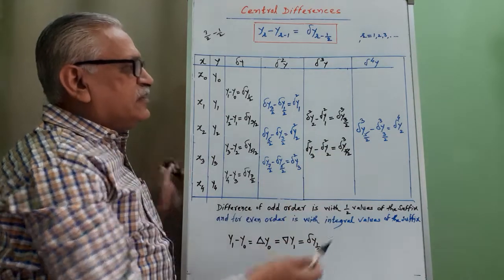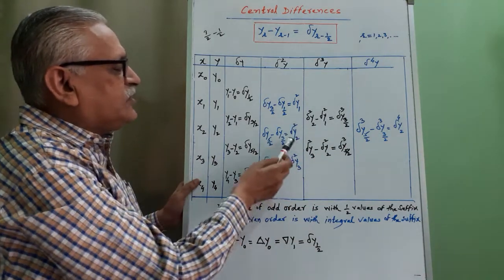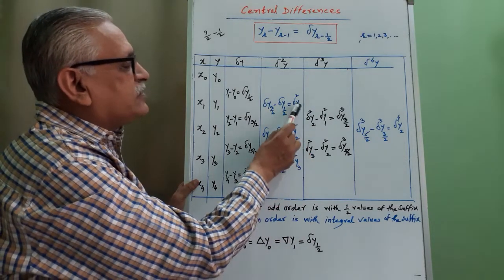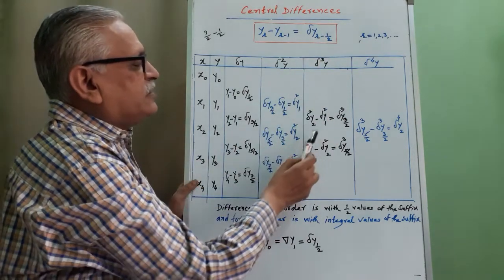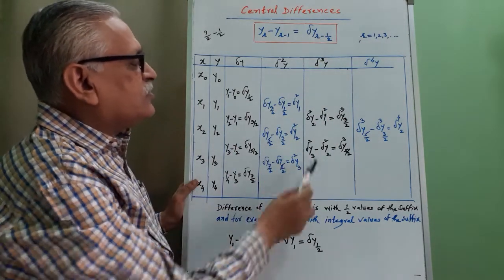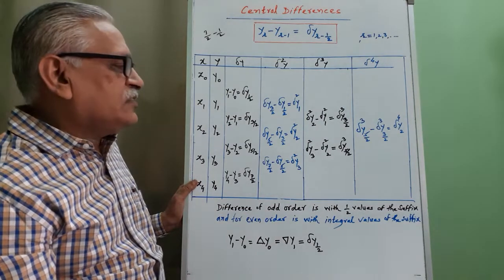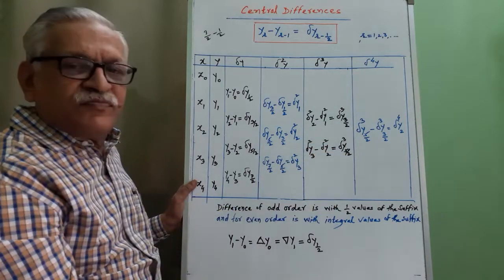Then next is third order central differences. For that, we have to take the difference of these differences. Del square y2 minus del square y1 is del cube y with suffix 2 minus 1 by 2, which is 3 by 2. Therefore, it is del cube y 3 by 2.